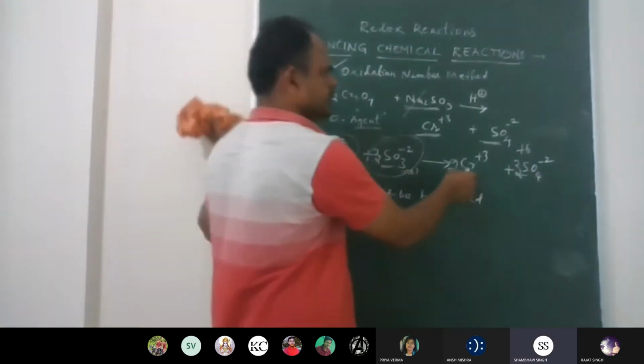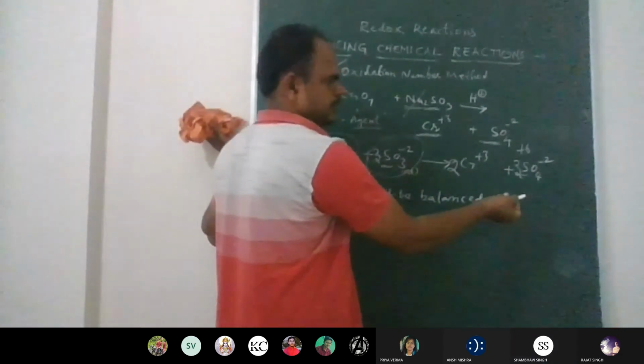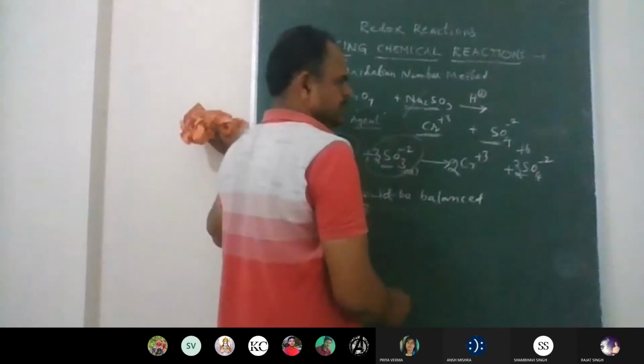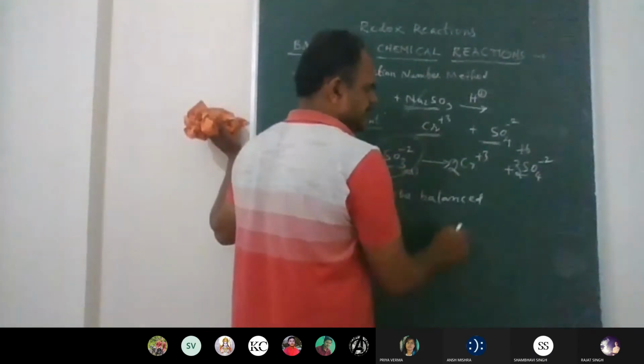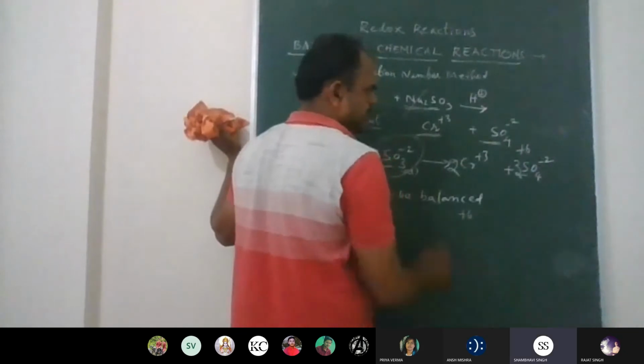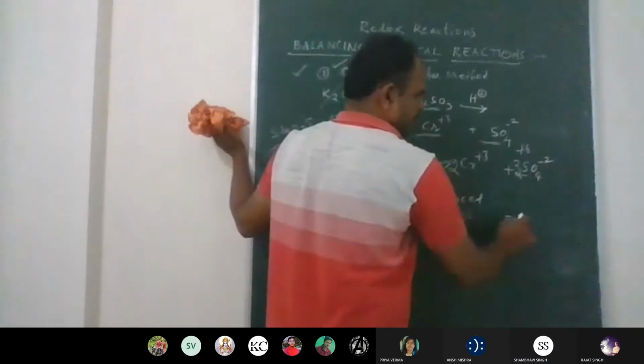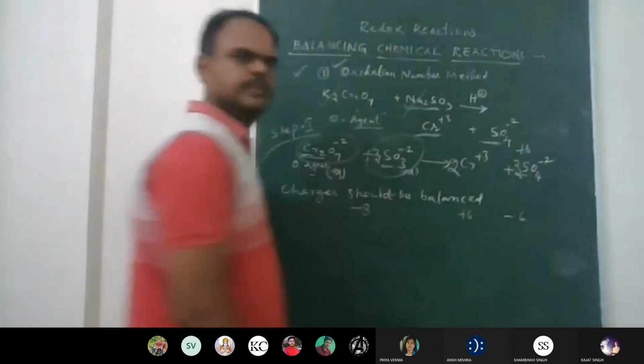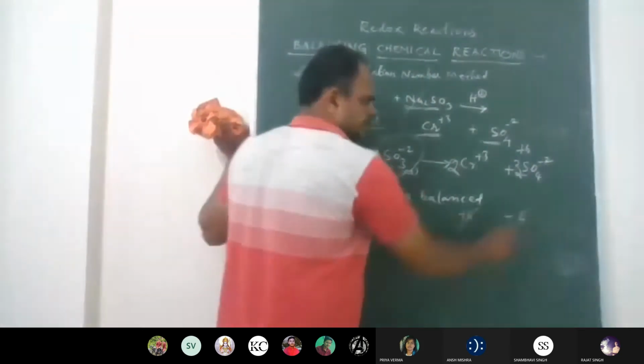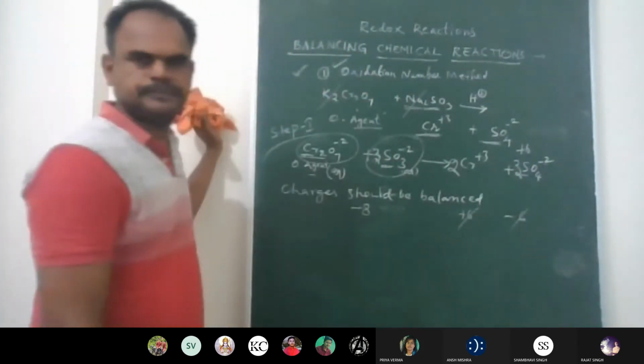And you can see the right side, 2 into +3 how much will come? +6 will come. 2 into +3 is +6. 3 into -2, -6 will come, no? So on the right side, charges are equal.